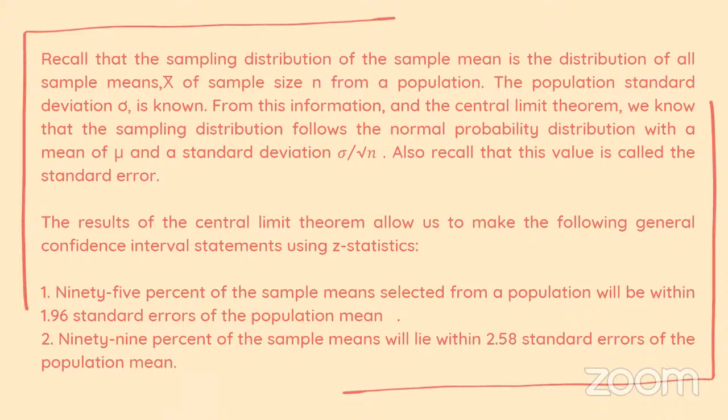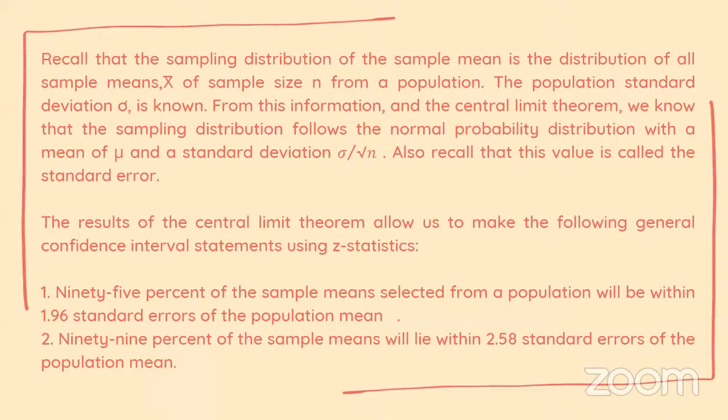From the information in the central limit theorem, we know that the sampling distribution follows the normal probability distribution with a mean of mu and a standard deviation. Also recall that this value is called the standard error. The results of the central limit theorem allow us to make the following general confidence interval statements using Z statistics.